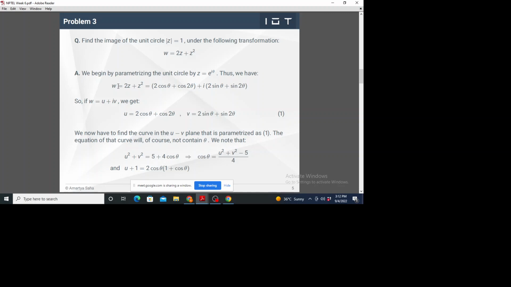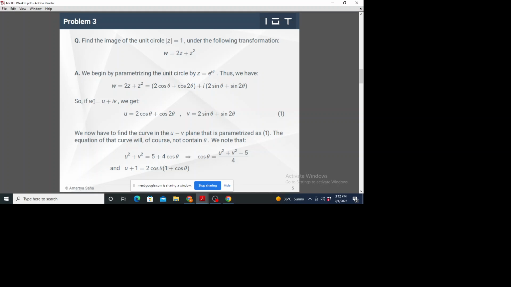Then we shall simply substitute that parameterization in the expression for w. So w is 2z plus z square. I have simply substituted z equal to e to the power i theta. You will get this, and I have written it explicitly to show the real part and imaginary part separately.